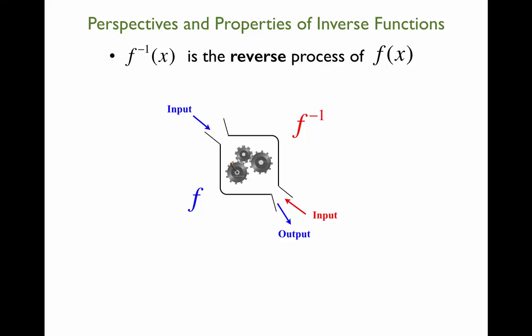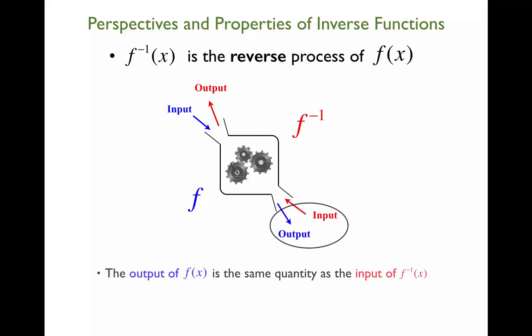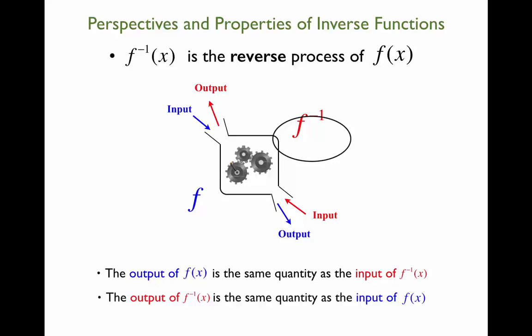If we're going to run it backwards, whatever the output of f would be is the same quantity as the input of f inverse. And then what about the input of f? Output of f inverse. Okay, so the output of f is the same quantity as the input of f inverse, and the output of f inverse is the same quantity as the input of f. So think of the inverse as the same machine, but you're cranking backwards now. Input and output are swapped. Make sense?